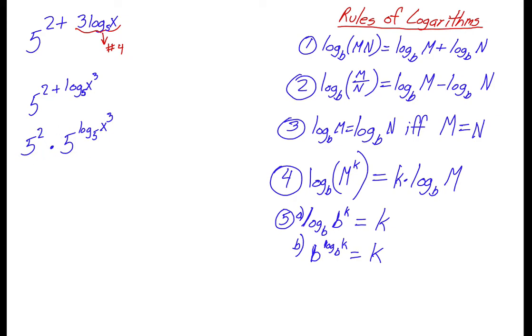But now, this 5 to the 2 right there, that's just 25. And rule 5b says that this right here, 5 to the log base 5 of x cubed, is just x cubed. And so 5 to the 2 plus 3 times the log base 5 of x is just 25x cubed. This is the simplified version of that.